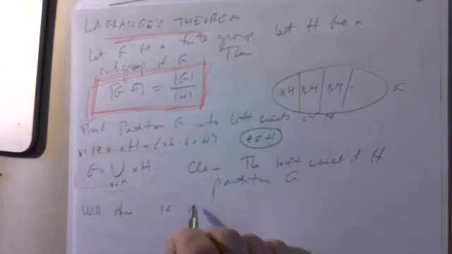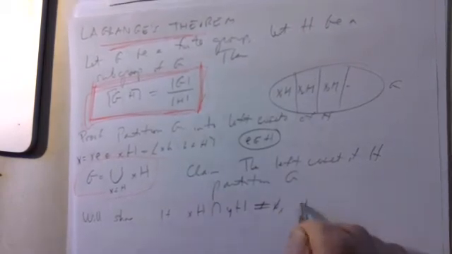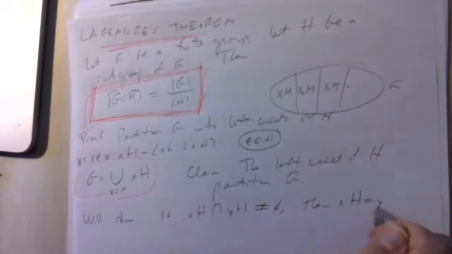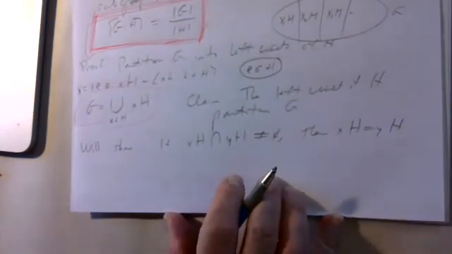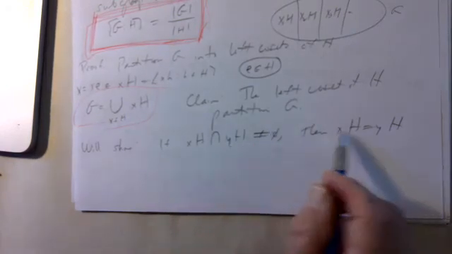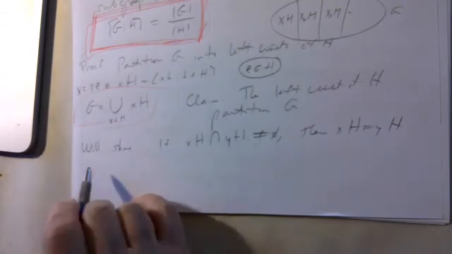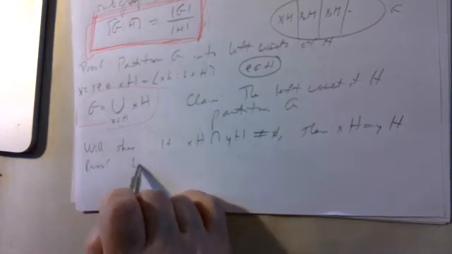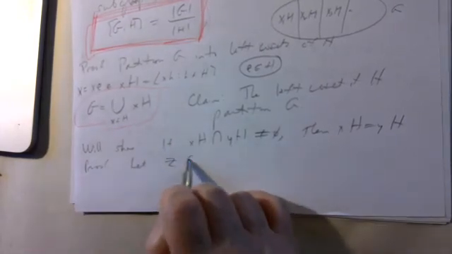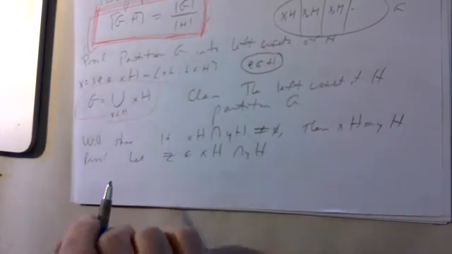So if we have two left cosets, xH and yH, and the intersection is not empty, then xH equals yH. Okay. So I want to prove that if two left cosets have even one element in common, then they're the same. So proof. Let z be something in the intersection of these two left cosets.